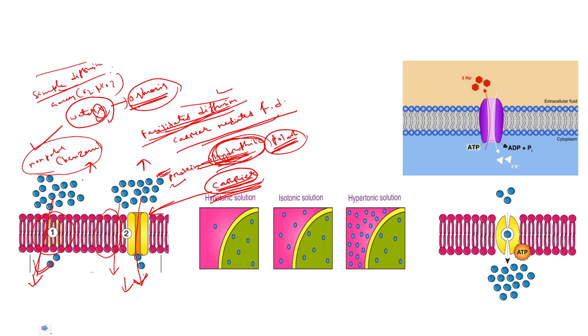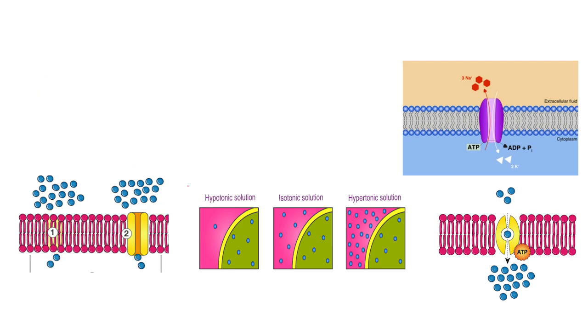So now come to the three types of solution. One is called hypotonic, isotonic, and hypertonic. Hypotonic means this is the inside, or the inner side, and this is the outside. Hypo means low, hyper means high.